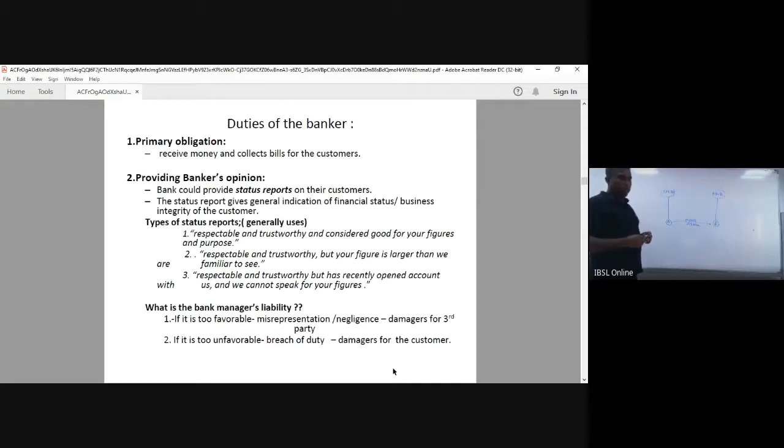So therefore, A has to take this information from an independent third party. The information about B's business is available with HNB, because the business account of B is maintained at HNB.